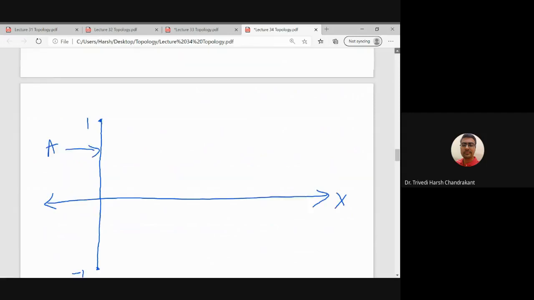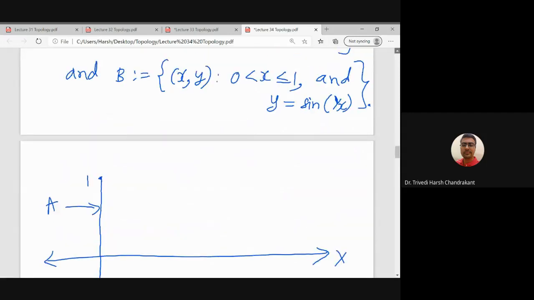And what is B? B is (x, y) such that x is in the interval (0, 1] and whose y coordinate is sin(1/x).